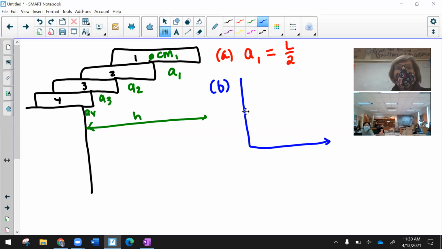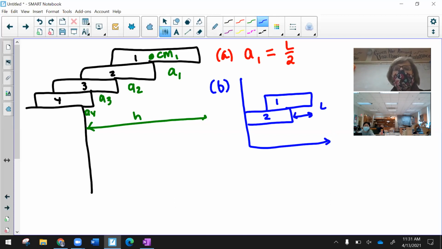Here's going to be brick 2. Here's going to be brick 1. I know that this distance here is L over 2, and I know that these are my centers of mass. So the center of mass of brick 1 is at L. The center of mass of brick 2 is at L over 2.